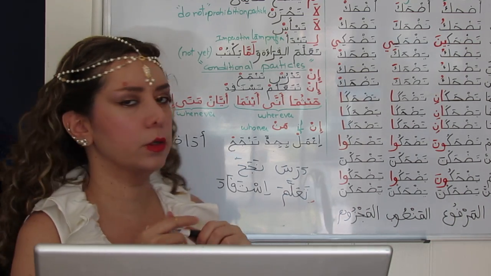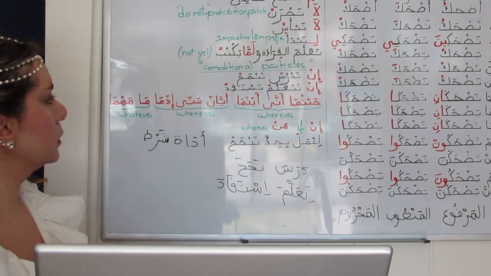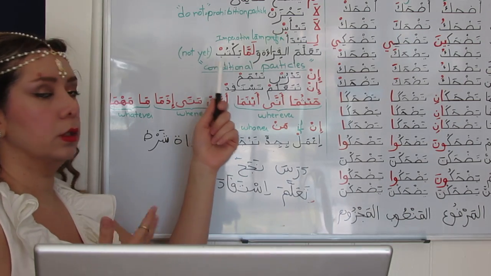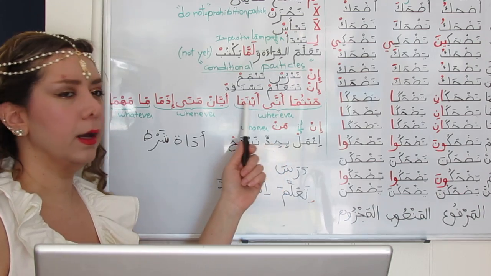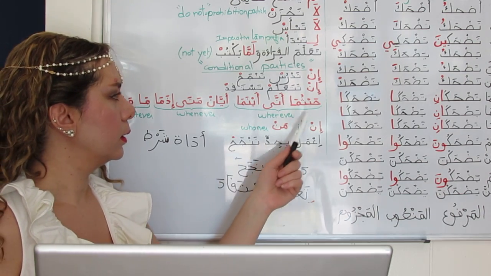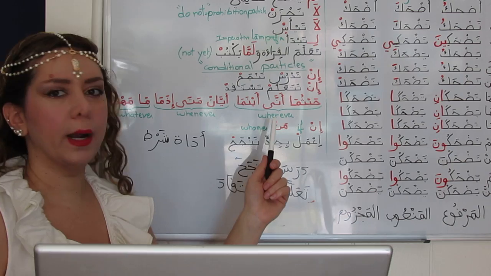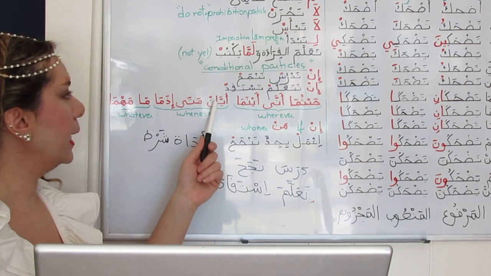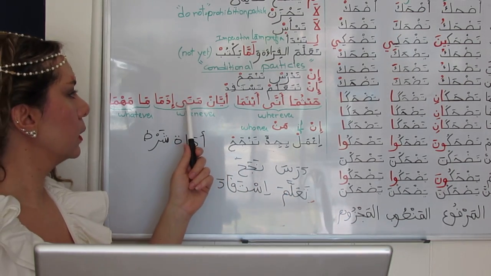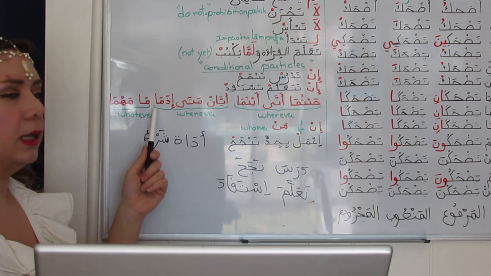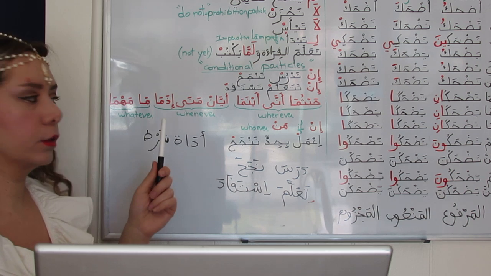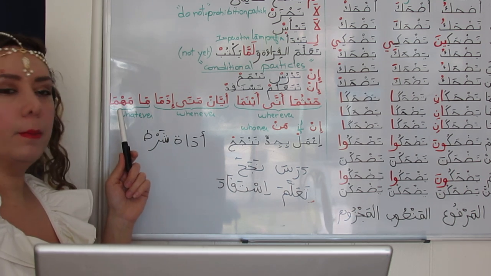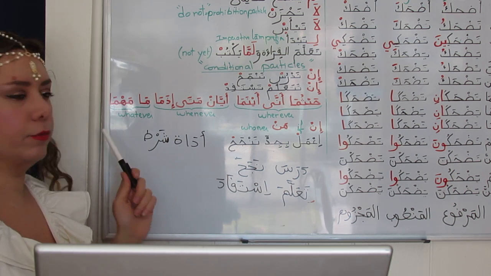We have other conditional particles. حيثما, أن, أينما. They all mean wherever. أيان, متى, إذا ما mean whenever. ما, مهما, whatever.